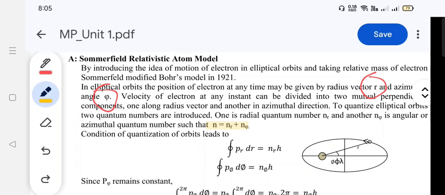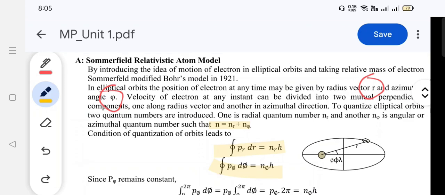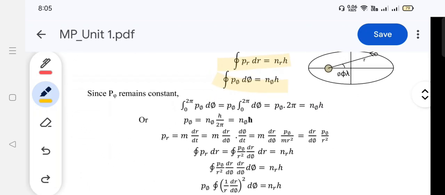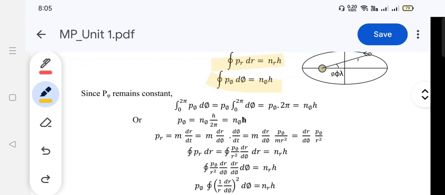Here, as we have two components of angular momentum, radial and azimuthal, we have two different equations: the integral of pr dr is equal to nr h, and the integral of p phi d phi is equal to n phi h.